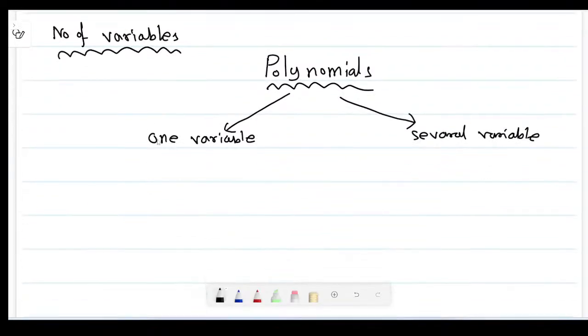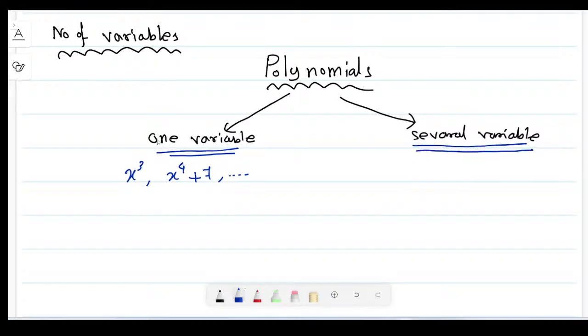We shall discuss in this entire lecture the one variable polynomial. That means there is only one variable in this polynomial, like x cube or x to the power 4 plus 7 and so on. But in several variables, different kinds of variables may be used in a polynomial, like 4xy plus z cube. There are three types of variables, so this is a polynomial of three variables.